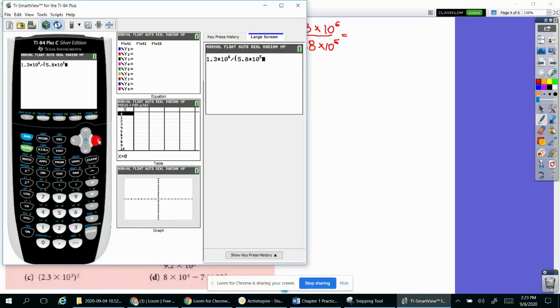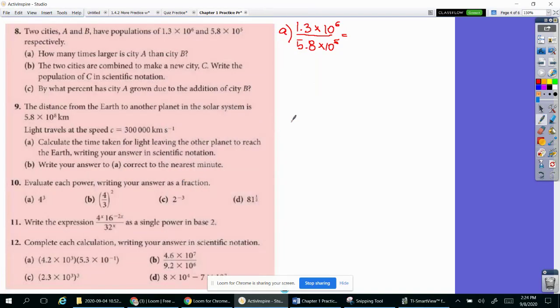Now let's go to the right one more time to lower the cursor, close the parentheses, and we have that the first city is about 2.2 times larger. So let's put that down: 2.2 times.